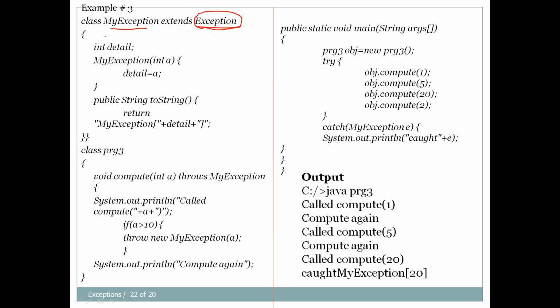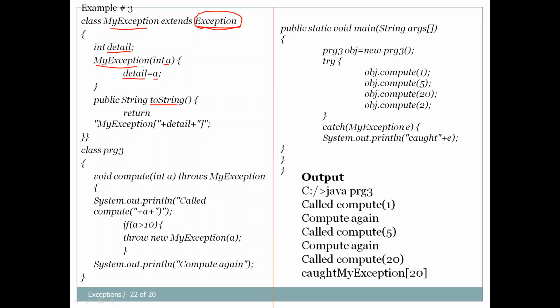Okay, then inside this MyException class, we have a variable detail, and we have a constructor MyException, and this constructor takes a variable as argument, and the value of the variable is assigned to detail. Outside the constructor it also contains a method called toString. Generally the toString method is executed whenever we try to print an object of a class.